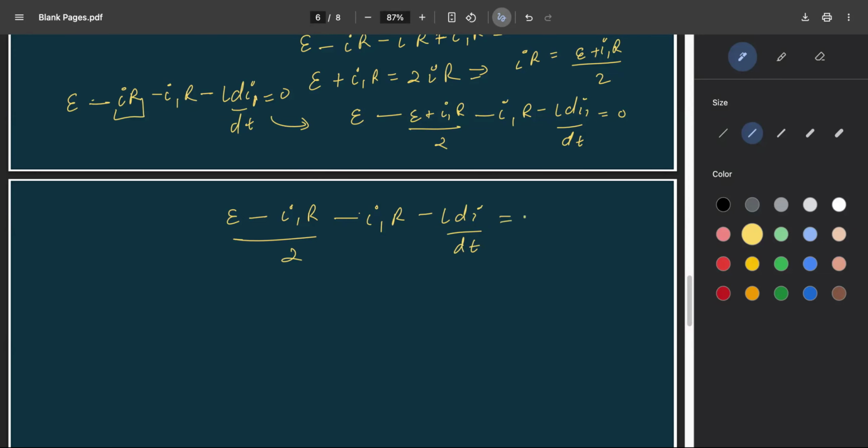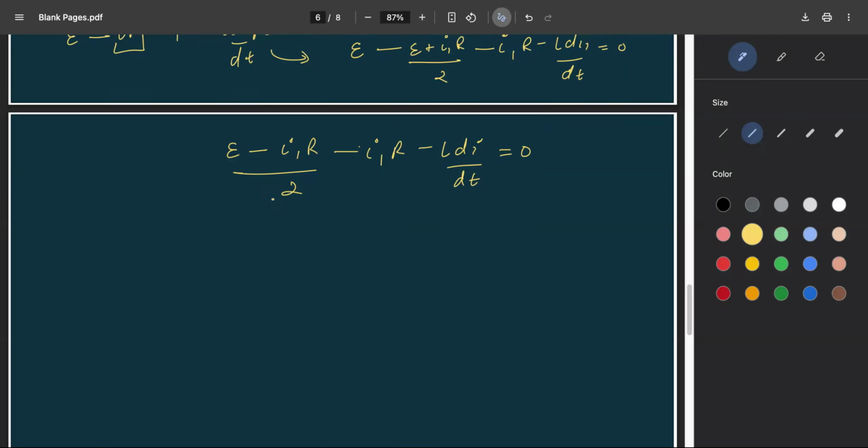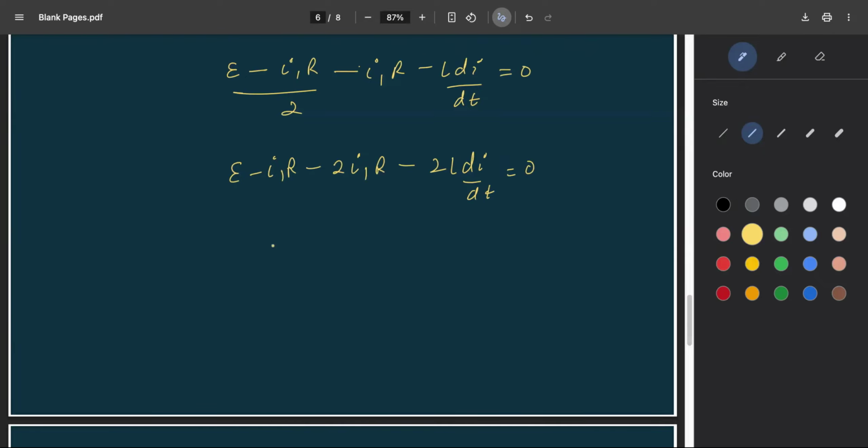So this is 0. Finally, if you write it in a better way, the equation comes out as E minus I1R minus 2 times I1R minus 2 times L dI by dt goes 0. Let me know if you are clear with this till this step, okay?